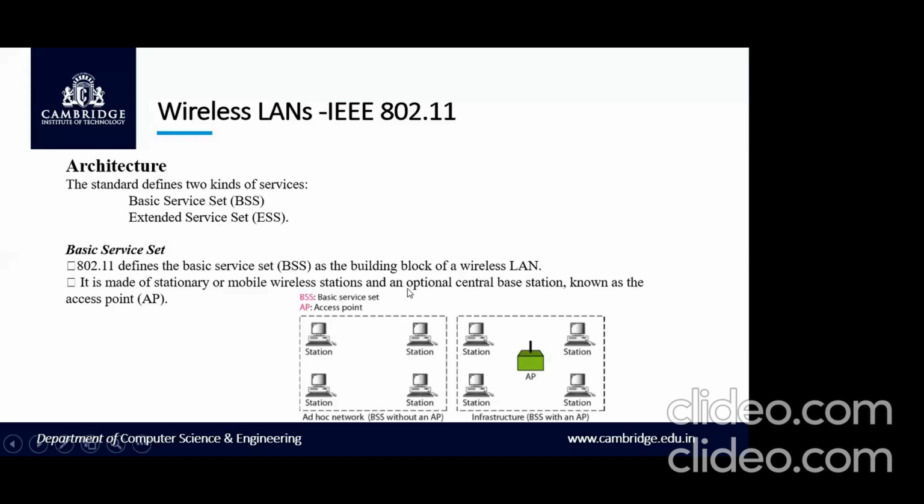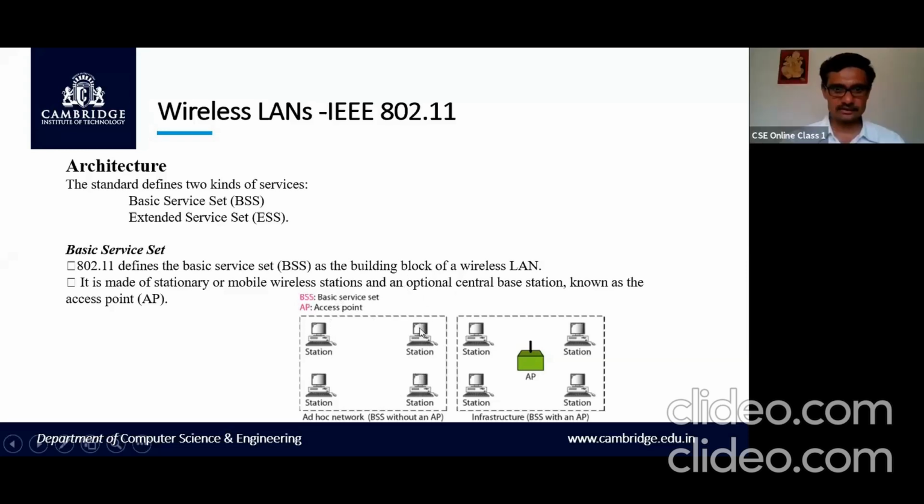And there is an optional central base station, which can be there or need not be there. That is called the access point. The access point is not mandatory here. So the first one is the BSS without an access point or central base station, called an ad hoc network.